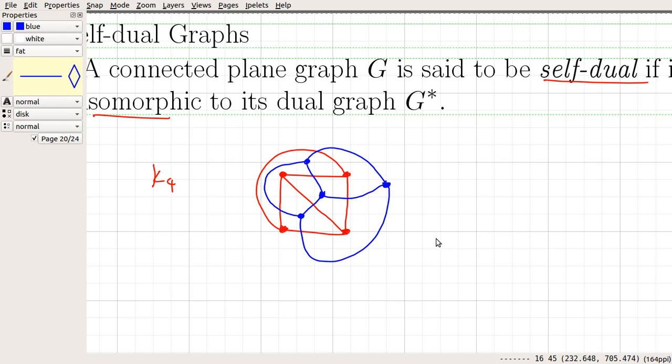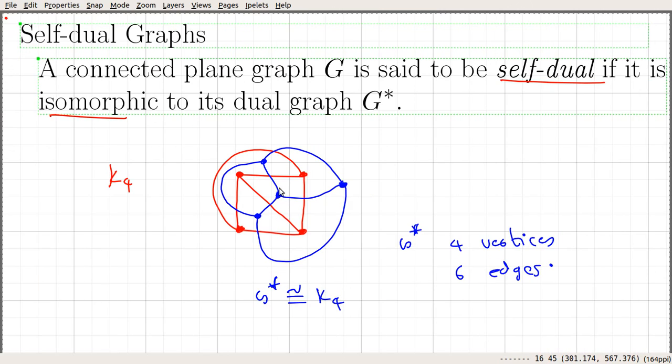Okay, so we can see that in our dual graph G star we have 4 vertices and 6 edges. Moreover, if you look at this particular blue graph, we can see that this G star is isomorphic to K4, our red graph.